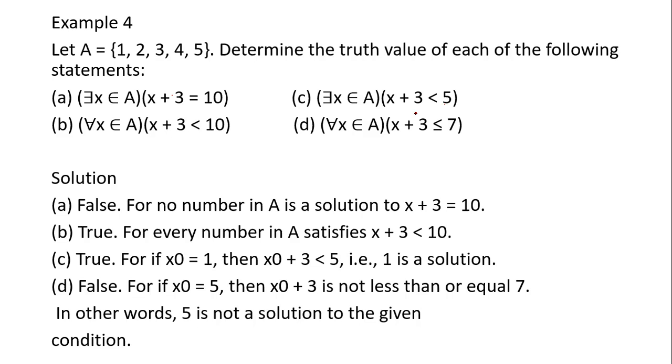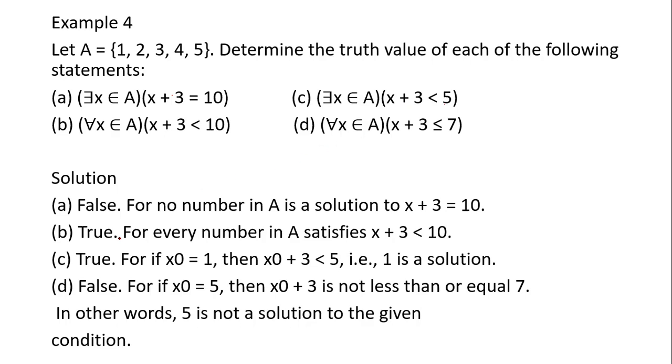But I can check for all. Now 2 is false, because 2 plus 3 is equal to 5. Therefore, we are saying that 1 satisfied the statement x plus 3 is less than 5. Hence, we can say that the statement is true because there exists, not for all.